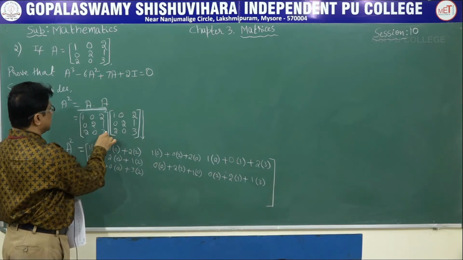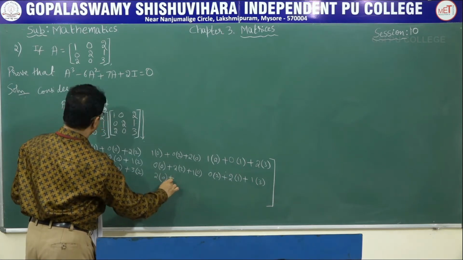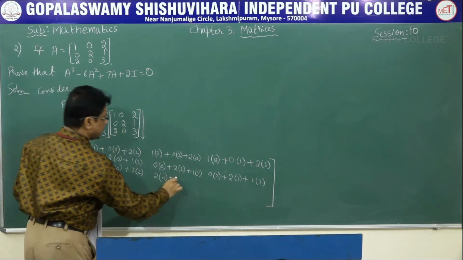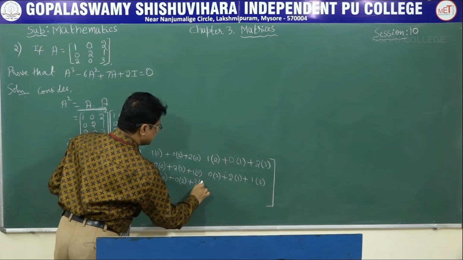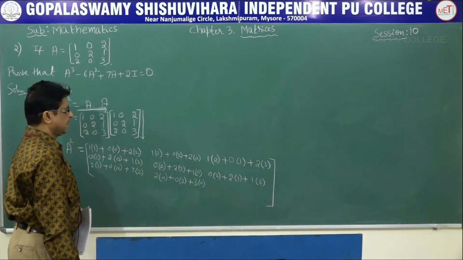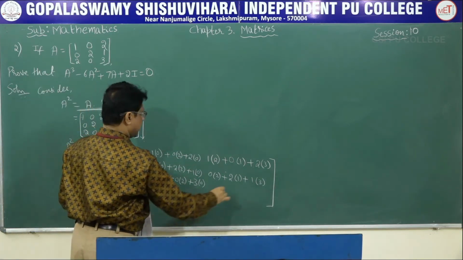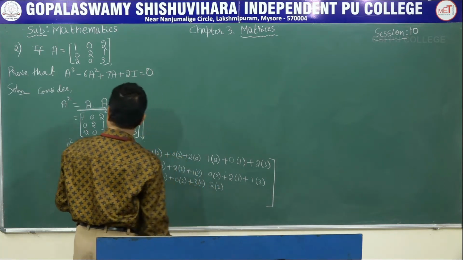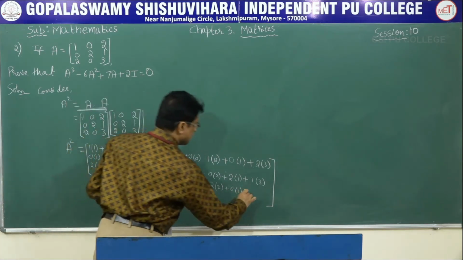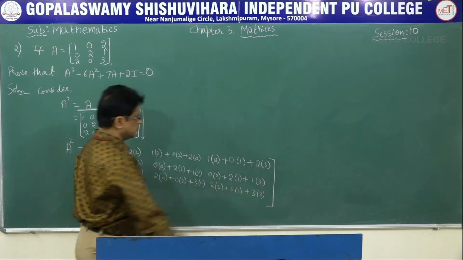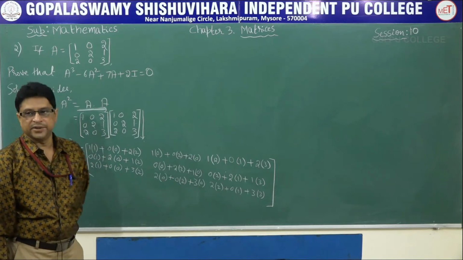Next element is third row into second column, 2 into 0 plus 0 into 2 plus 3 into 0. Next, last one is third row into third column, that is 2 into 2 plus 0 into 1 plus 3 into 3.